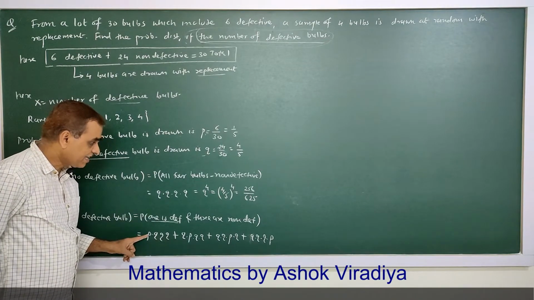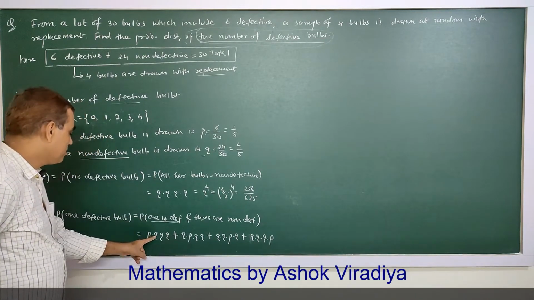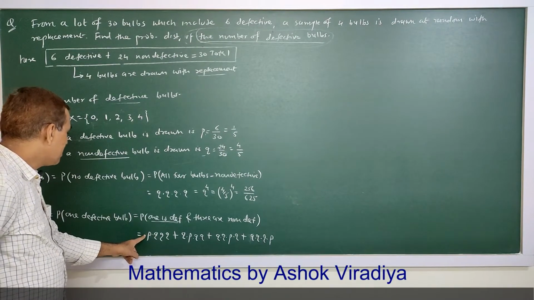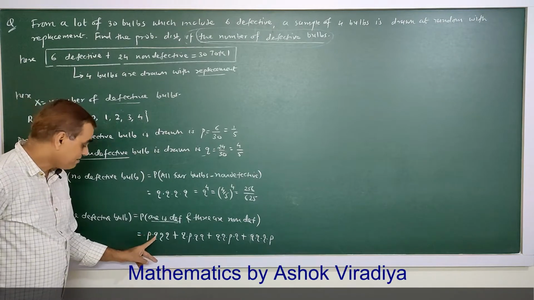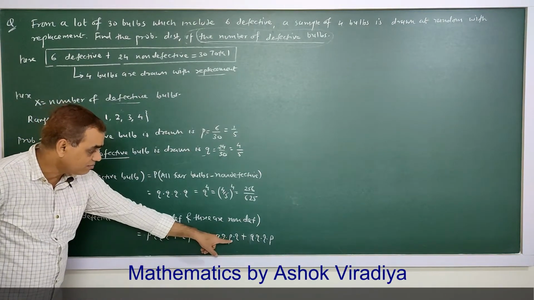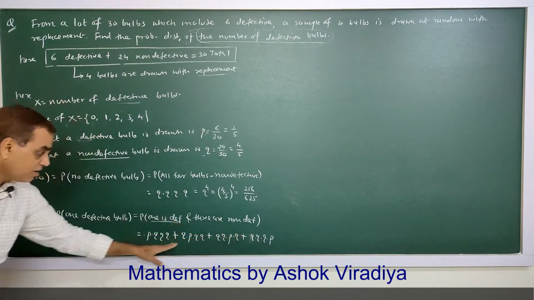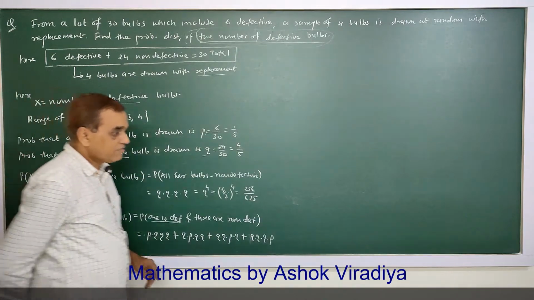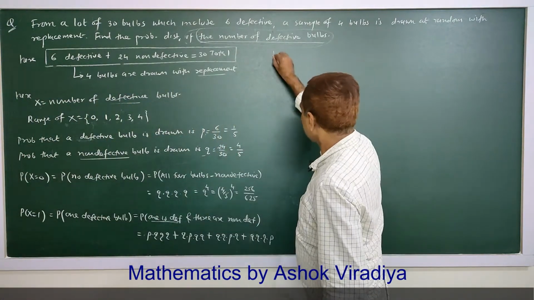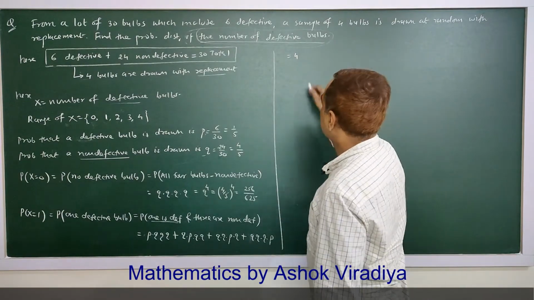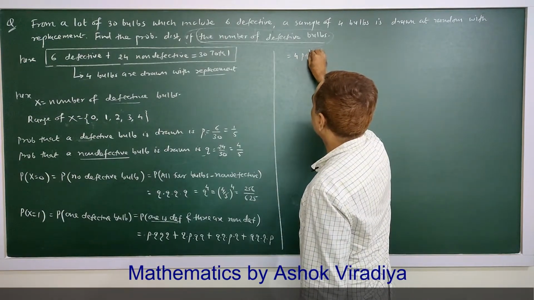So the first one is P, that is defective, then non-defective, non-defective, non-defective. Then the second is defective, then the third bulb is defective. So consider all possibilities. So it is 4 times P into Q cube.